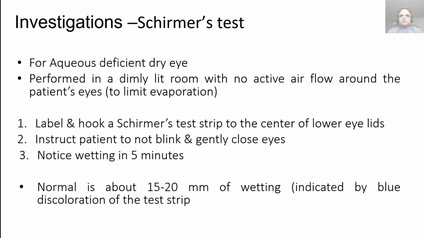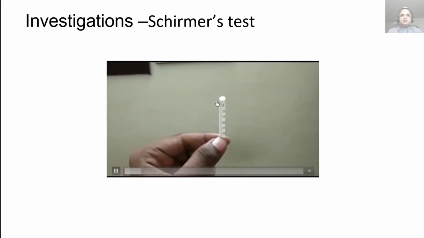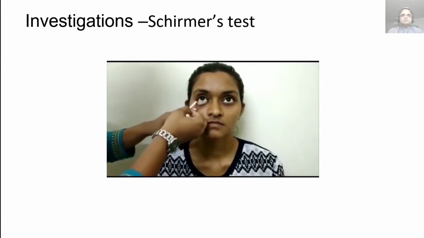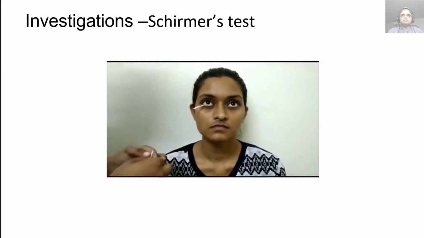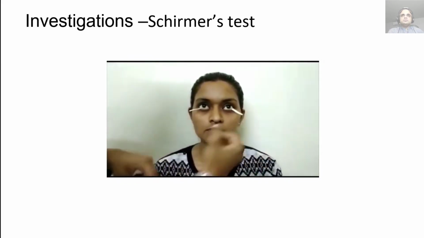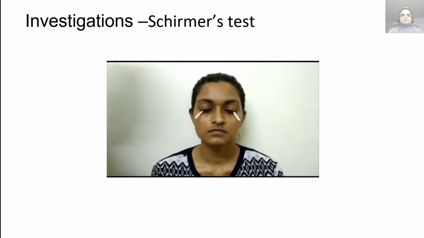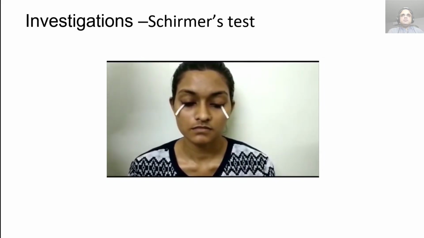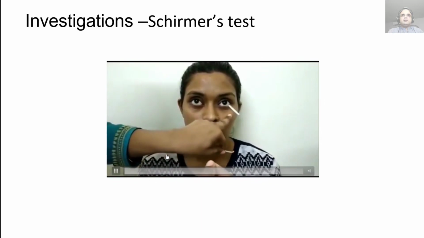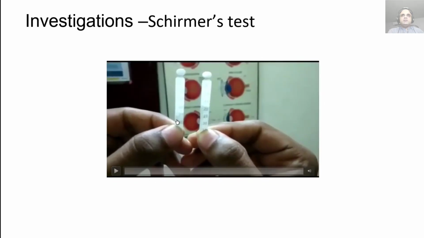Normally 15 to 20 millimeters of the strip is wet after 5 minutes. So this is a strip. This is the part which is hooked onto the eye. The patient is supposed to close the eyes for 5 minutes, and you take the strips out and you see how much they have been wetted by their discoloration.